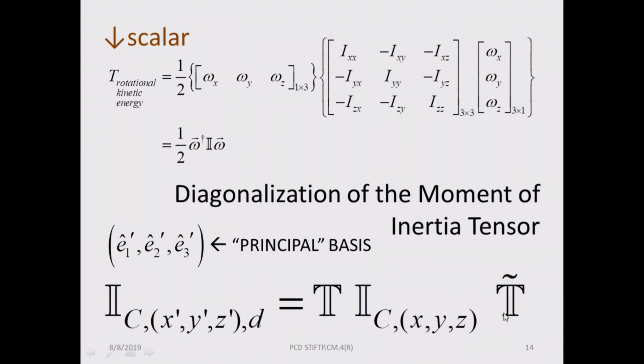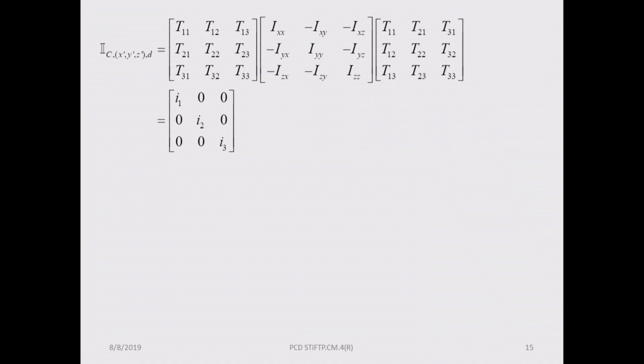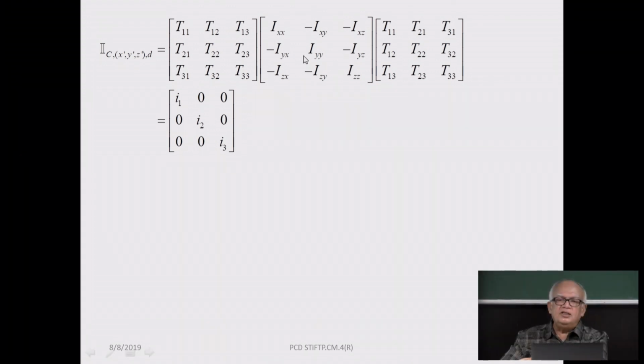This is the transpose of the matrix, and you can carry out a diagonalization process. Once you diagonalize it, instead of having these 9 components, you have the 3 principal components. These are the 3 principal moments of inertia about the principal axes, which are those axes you get after you carry out this diagonalization.